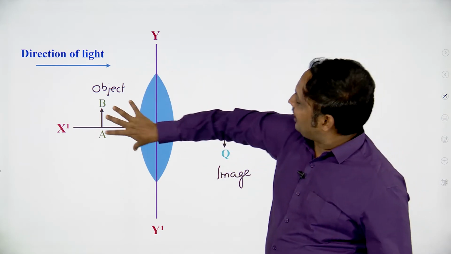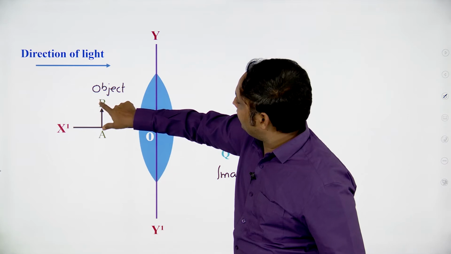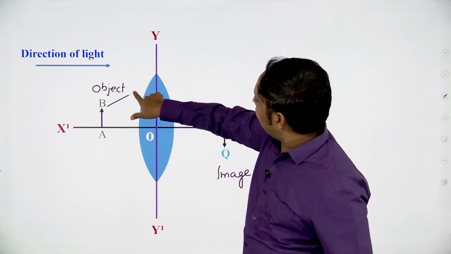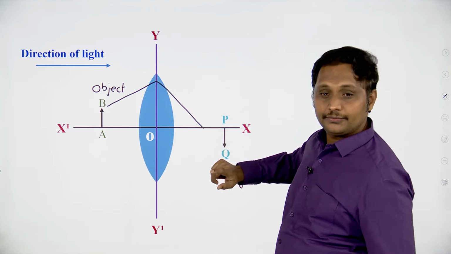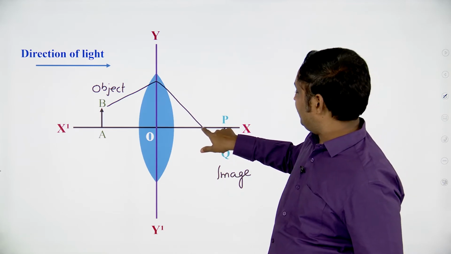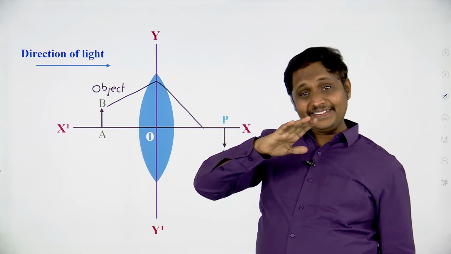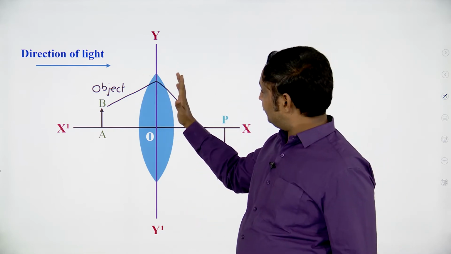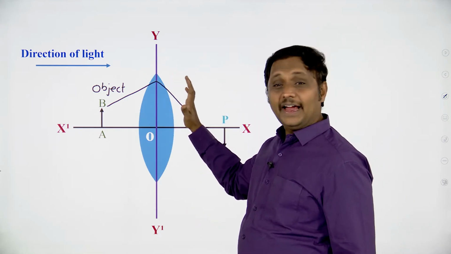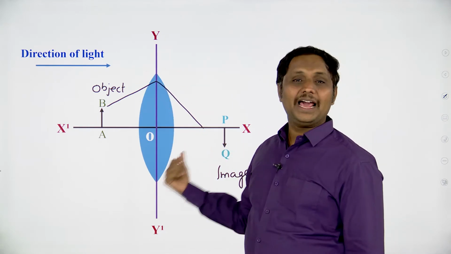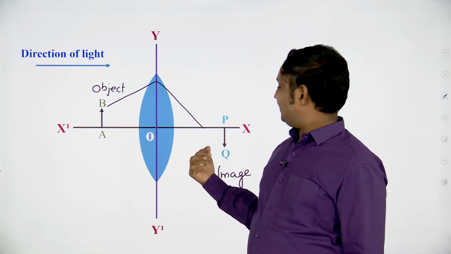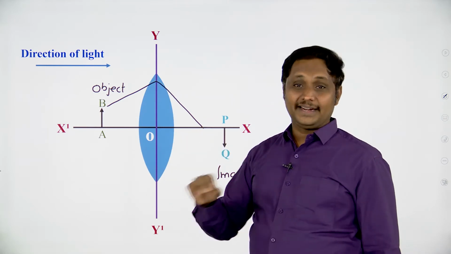From the object they have started, the incident light further proceeds and gets refracted. After the refraction, they will meet the principal axis at this point, in the correct place.